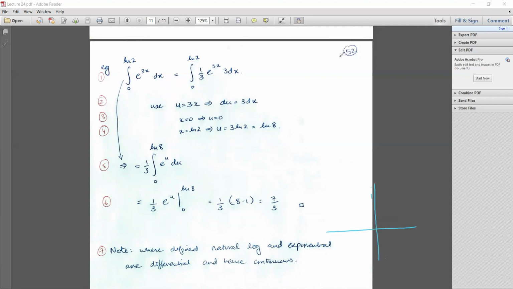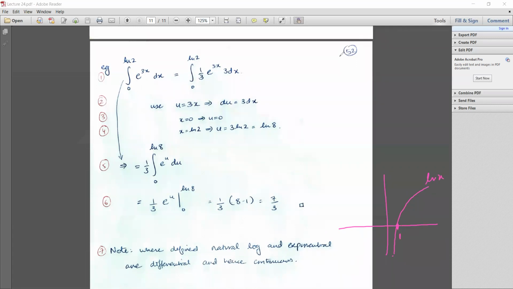So this is the graph of, first let me draw the y is equal to x line. Sorry, 1 second. All right, so the graph of the natural log of x looks like this, right?